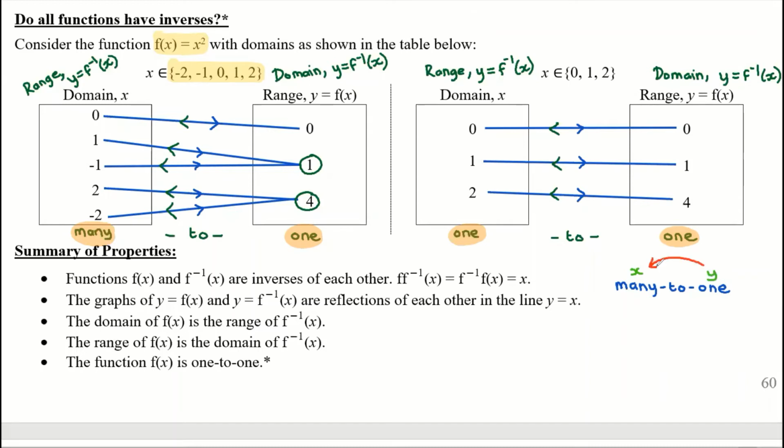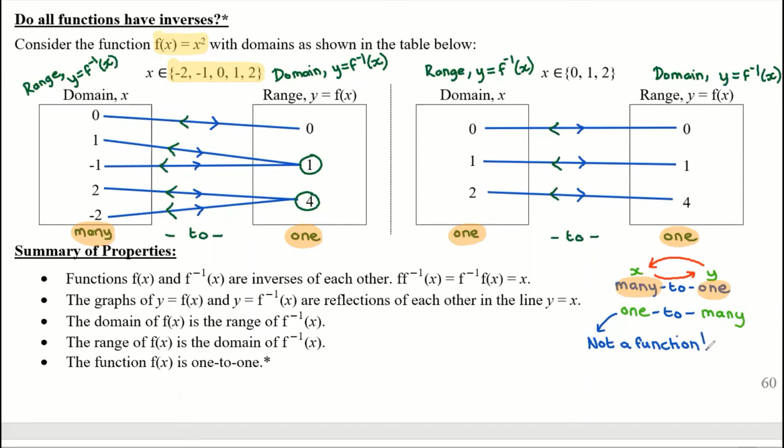So the 1 would swap with the many, and I'm now going to get this: many-to-one will become 1-to-many. And we said previously, if you've got 1-to-many, you can't have a function. So this would not be a function.